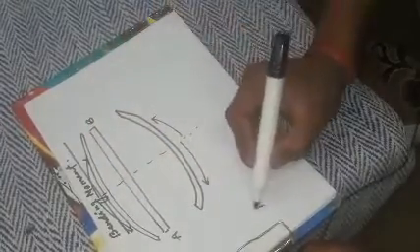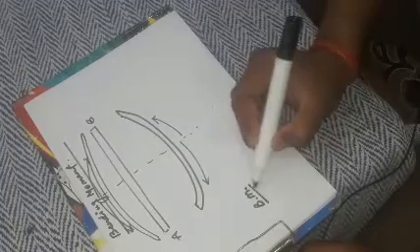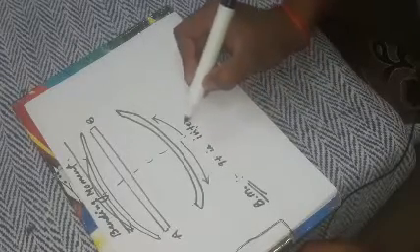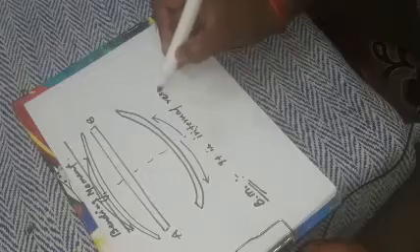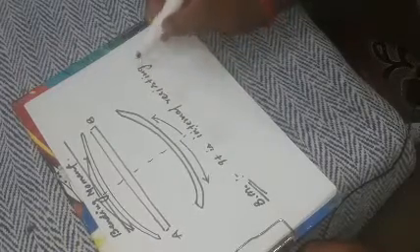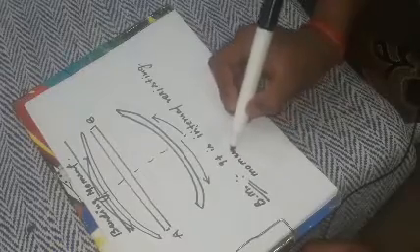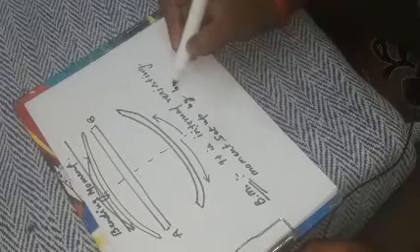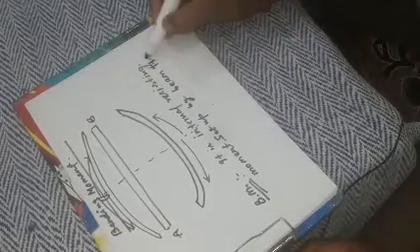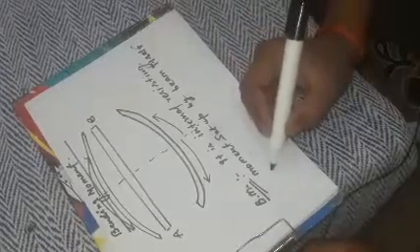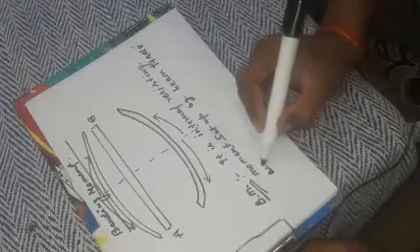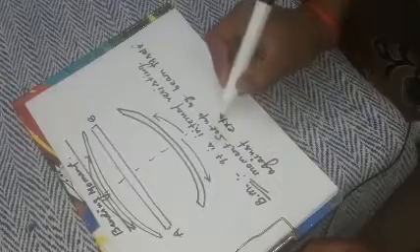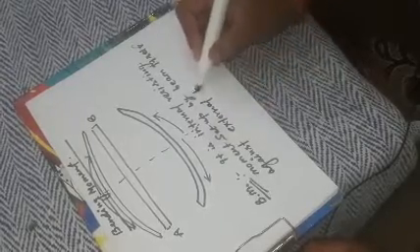We can say the bending moment is the internal resisting moment set up by the beam itself against external bending.